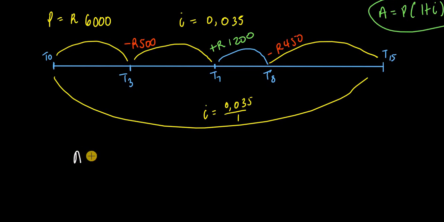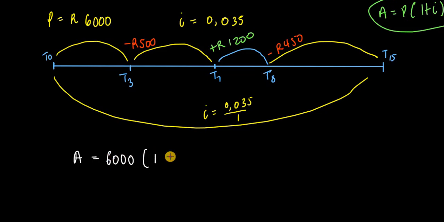So the final amount is going to be, now he started with 6,000 rands. Your focus is that when he deposited 6,000 rands, take it as if he left it for the rest of the period to T15. Take it as if he left it for 15 years. So that would be 6,000 rands. He left it for 15 years.